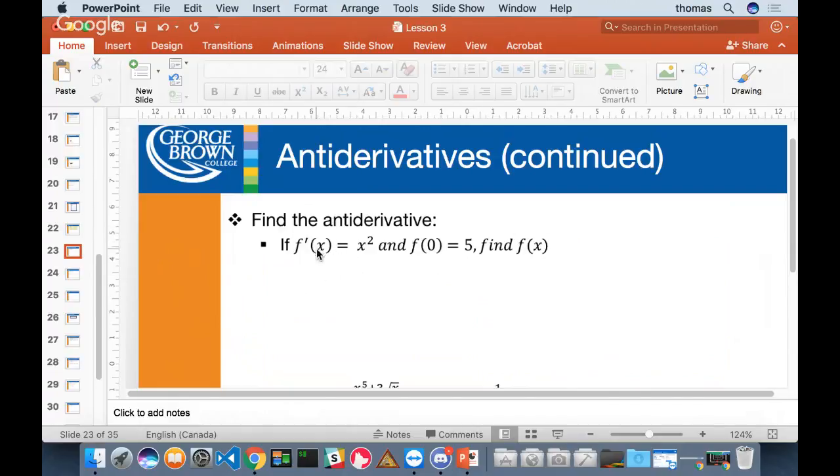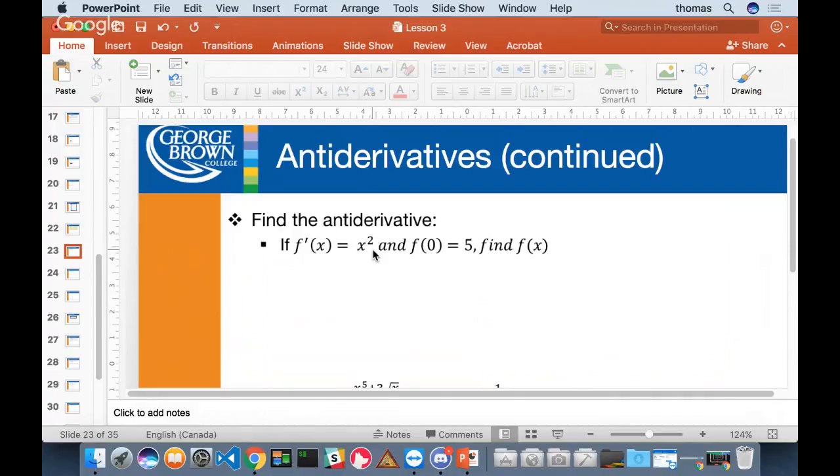So you can actually find f of x, which is, again, 1 over 3 x to the 3 plus 5. That would be it, because the 5 would be the c. Remember we say that the original equation is 1x to the 2, you imagine a 1 there.